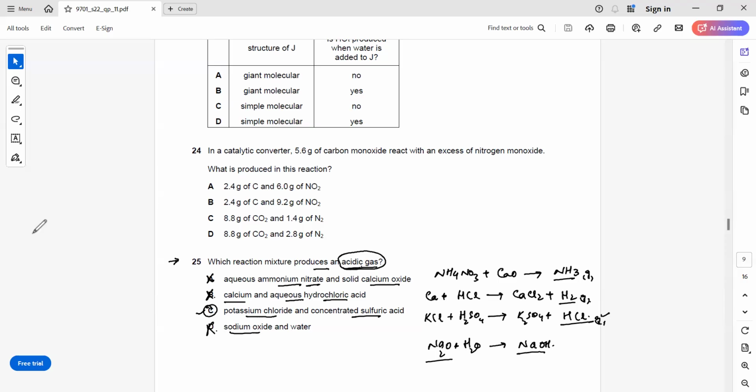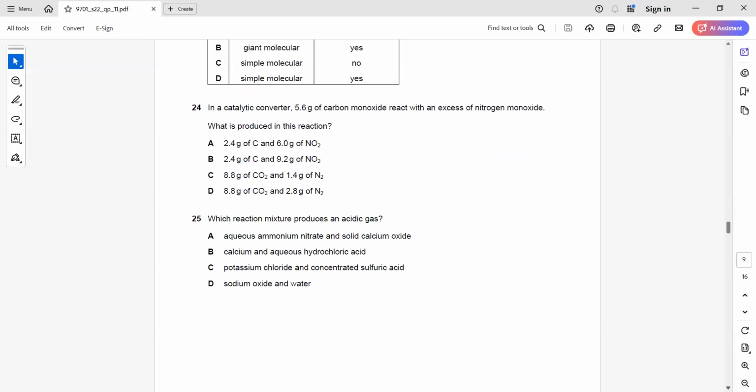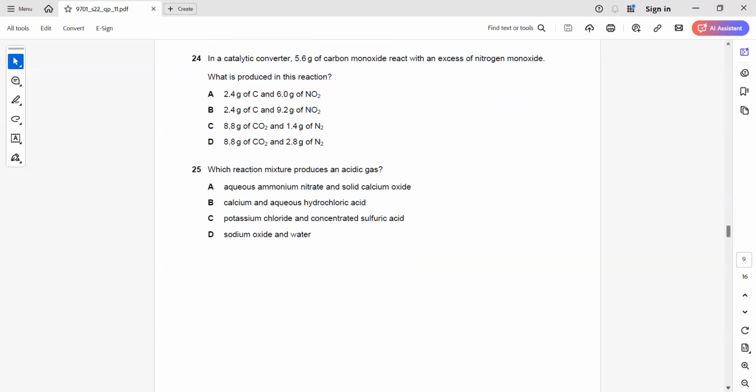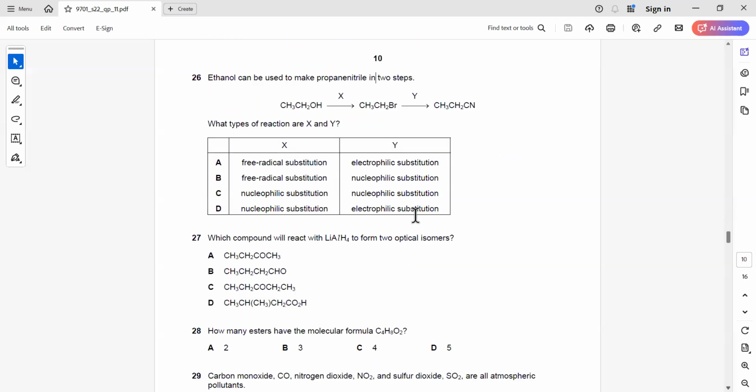Now let's see another question, number 26. Here they are saying ethanol can be used to make propane nitrile.